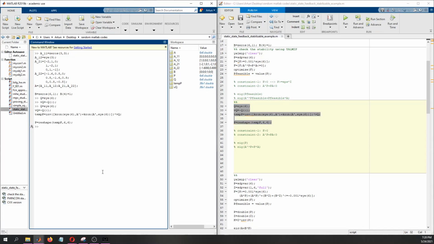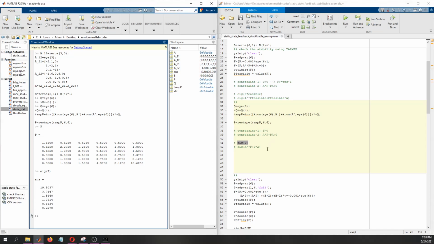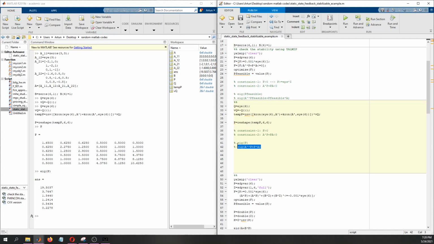Okay, let's look at our P matrix here. This is it, and let's look at whether the computed P matrix is positive definite. Here all the eigenvalues are positive, so we conclude the P matrix is positive definite. And let's check the eigenvalues of the expression A transpose P plus PA.